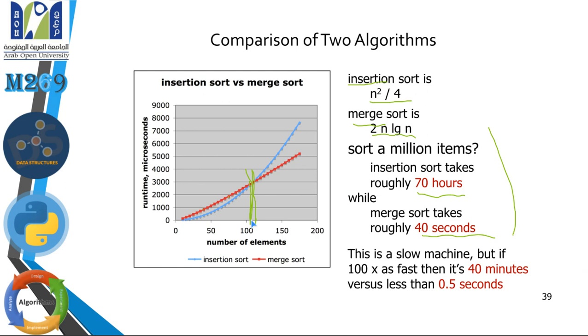But starting from 100, when we have more than 100 elements, the performance of the insertion sort becomes worse and worse. So we cannot say that merge sort is better than insertion sort, or that insertion sort is better than merge sort. It all depends on the number of elements that we are going to sort. You get the point? It's faster when we have fewer elements. Once we have more elements, the merge sort becomes much better.